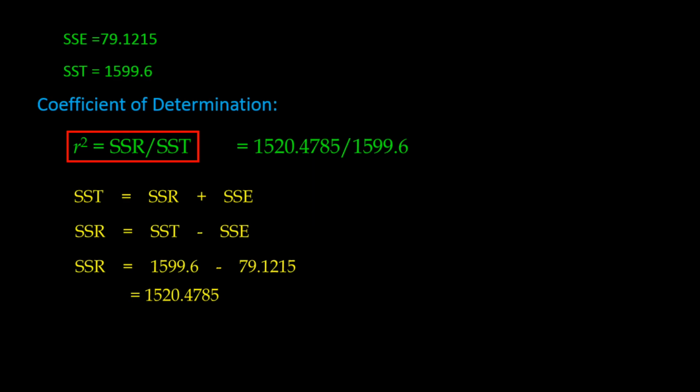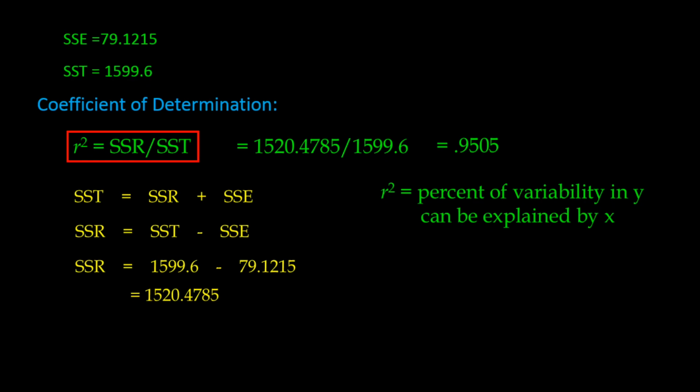And we get 1520.4785, that's SSR, divided by 1599.6, SST, and that gives us an r squared value of 0.9505. So our coefficient of determination is 0.9505. The coefficient of determination r squared measures the percent of variability in y that can be explained by the x variable.